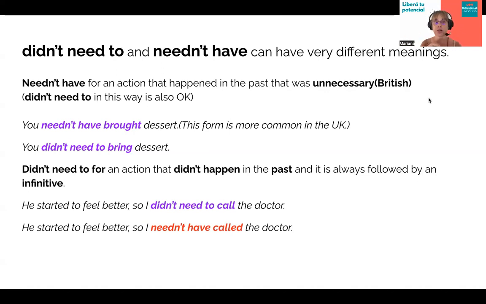So the didn't need to is for an action that did not happen in the past, also followed by the infinitive. Look at this. He started to feel better, so I didn't need to call the doctor. He started to feel better, so I needn't have called is not correct. It doesn't express the idea of lack of necessity on this special occasion.